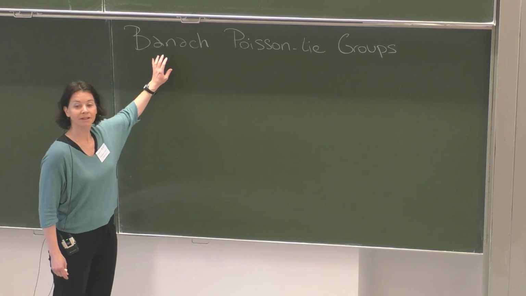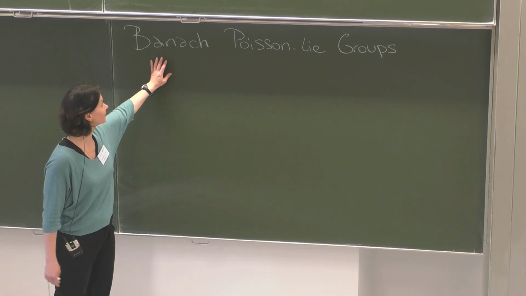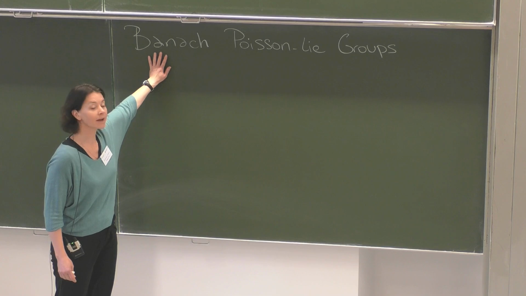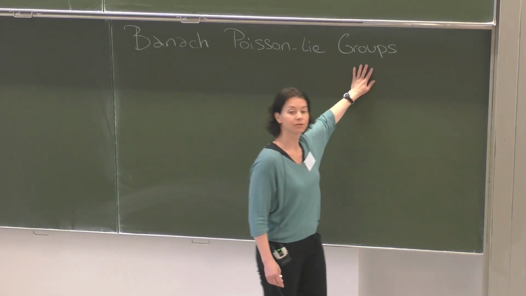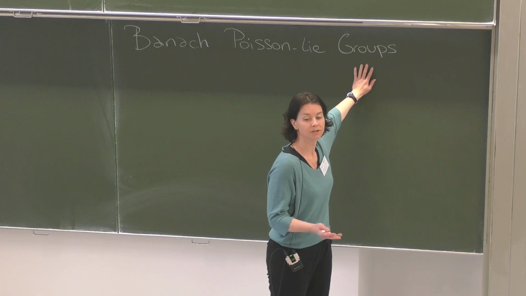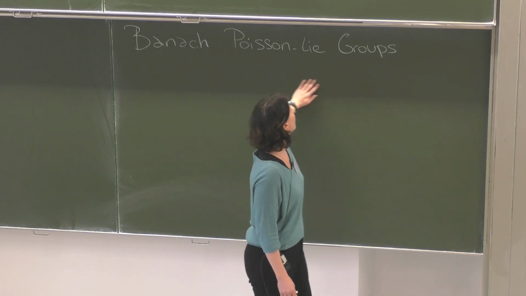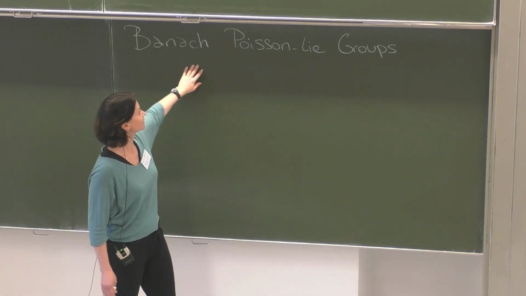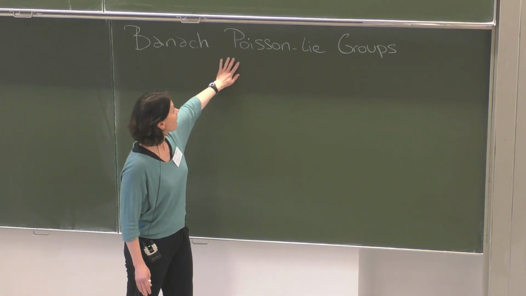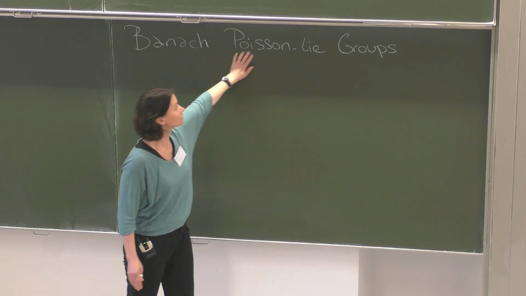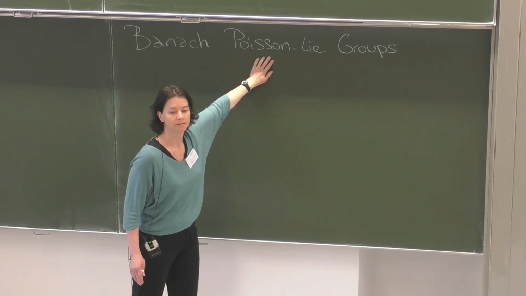I will suppose that you are familiar with Banach spaces and with groups. So I will not, for instance, define adjoint, coadjoint actions. I think this is okay for this graph. I will maybe focus on what Poisson can mean.